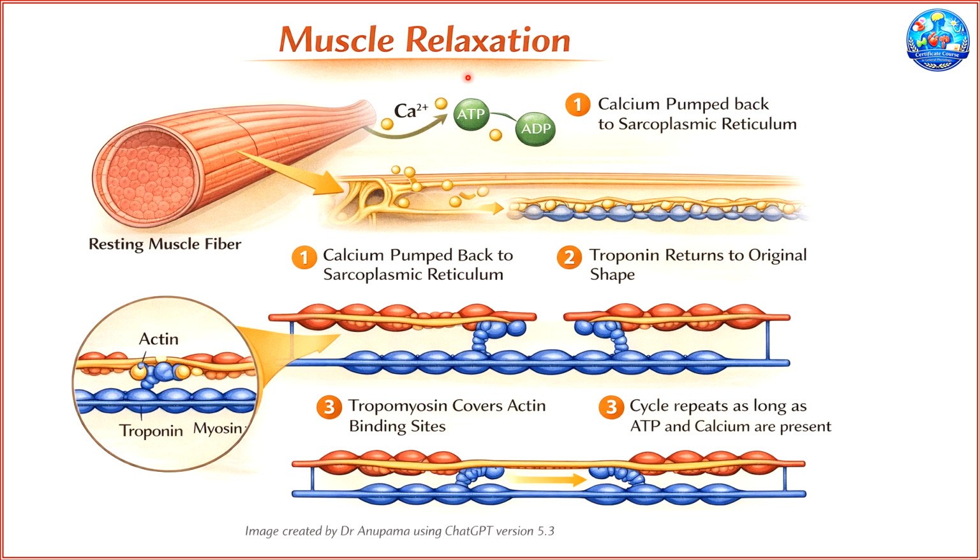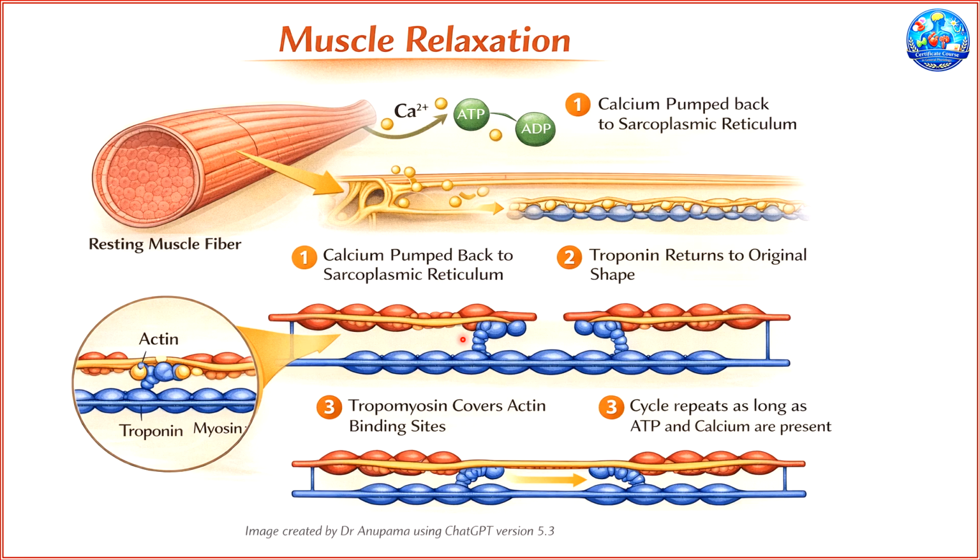Now, how does muscle relaxation occur? This occurs only when stimulation stops. The calcium ions are actively pumped, at the expense of ATP, back into the sarcoplasmic reticulum. As calcium levels decrease, the troponin returns to its original shape, allowing tropomyosin to cover the binding sites of the actin.